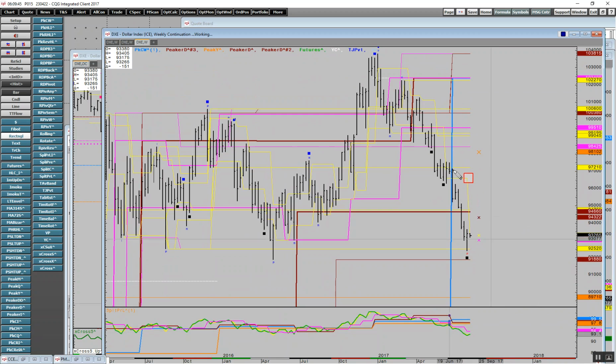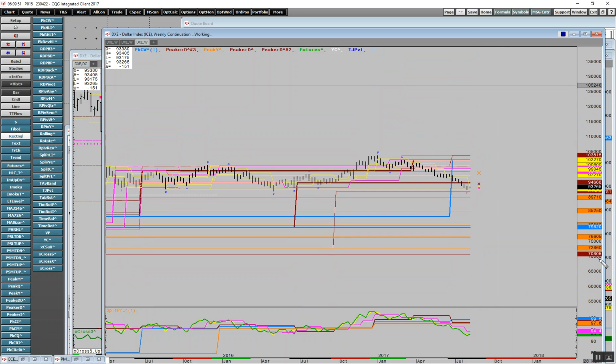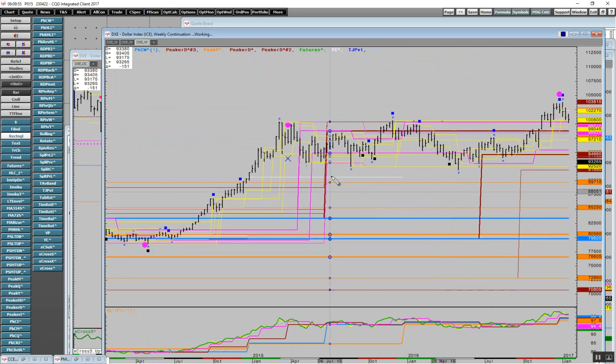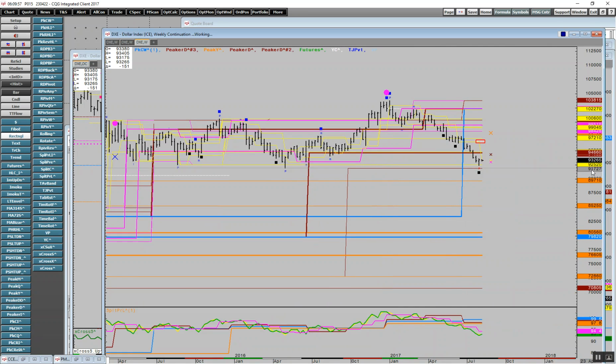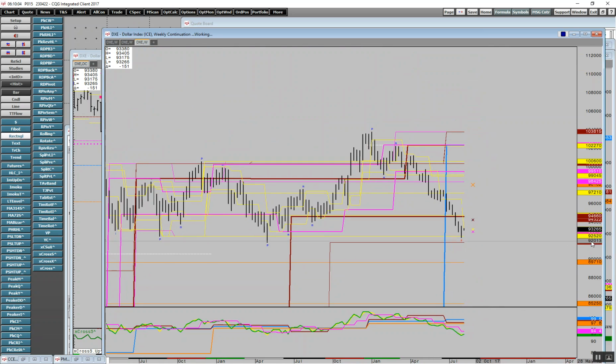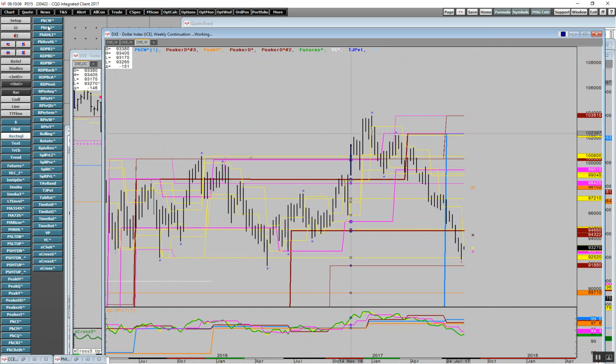If this sort of support zone gives way, then we've got 89.71 underneath. Bigger picture, we still think that the dollar index is going up. You've got this yearly support all the way down here that hasn't moved above price, which leaves a move back to the upside well and truly open whenever this corrective move finishes.